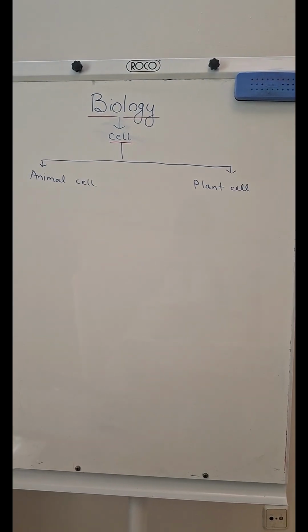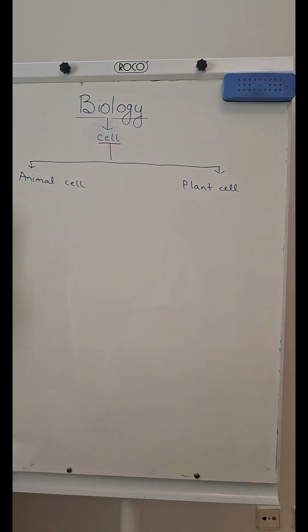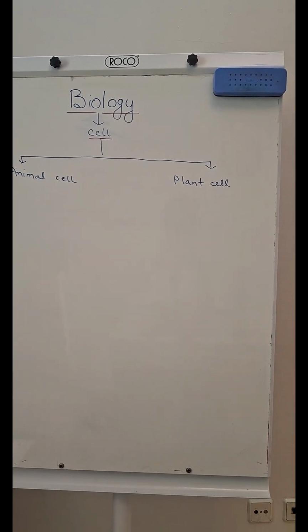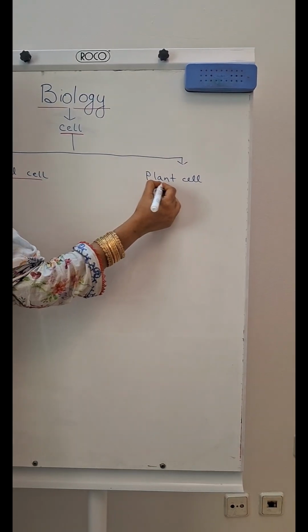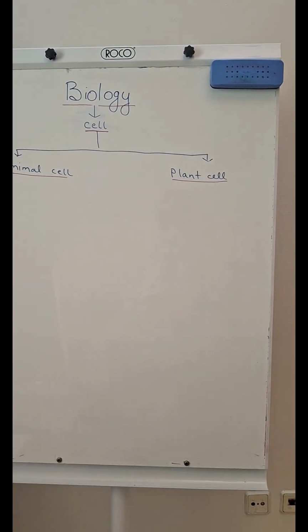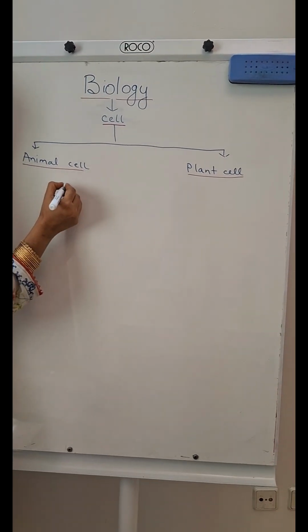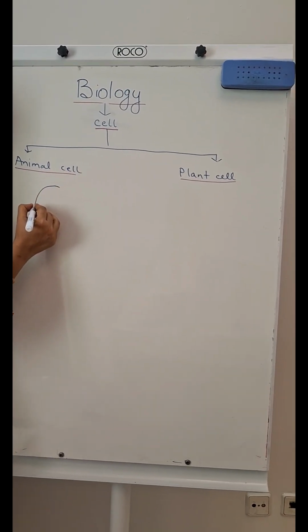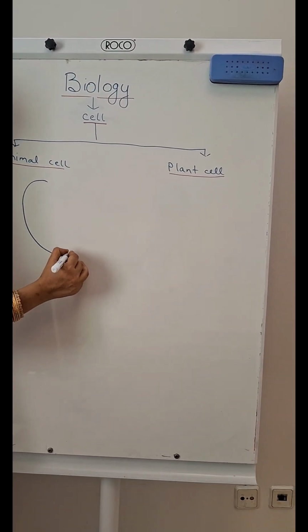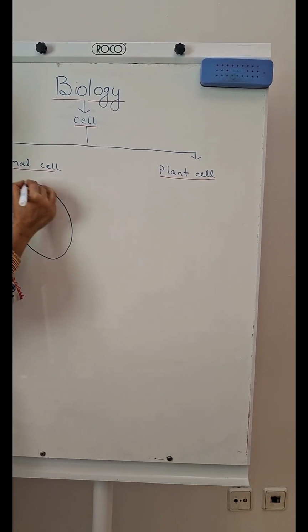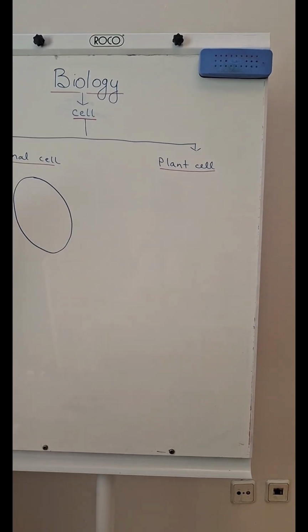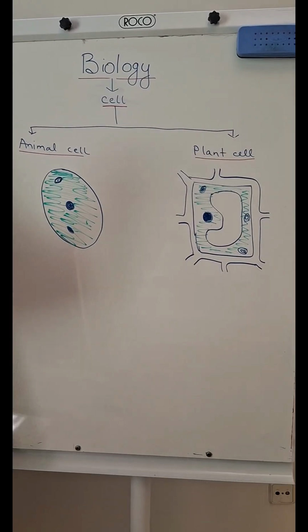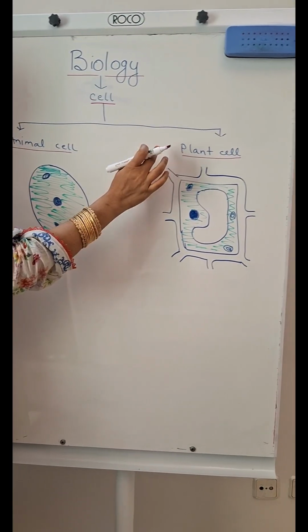So we will understand the plant and animal cell with respect to our diagram. Okay, so this is the animal cell and this is the plant cell.